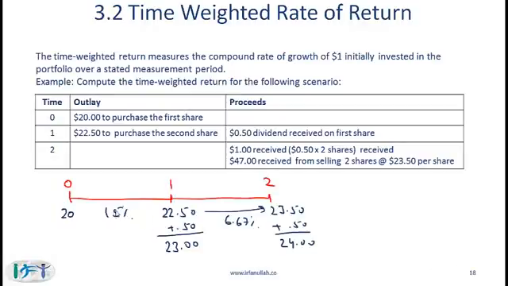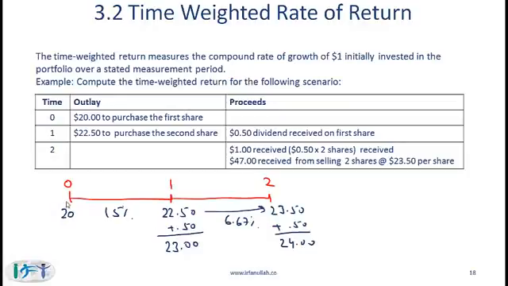To compute the time weighted rate of return, we need to see what happens to $1 which is invested at time 0. So notice that the investment at time 0 is $20. At the end of the first year, the stock has gone up to 22.5, plus there is a dividend of 0.50.